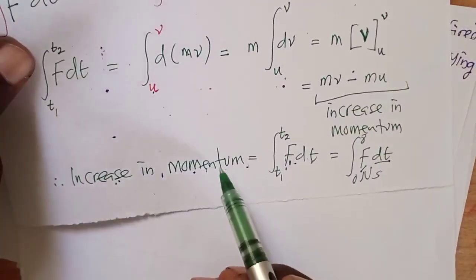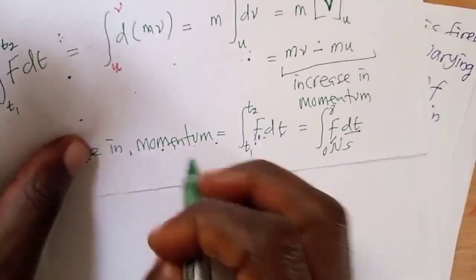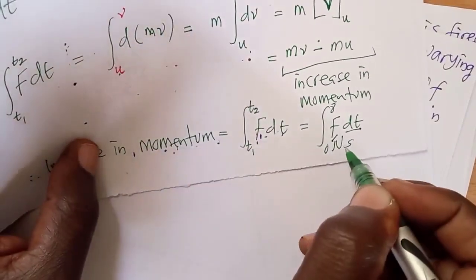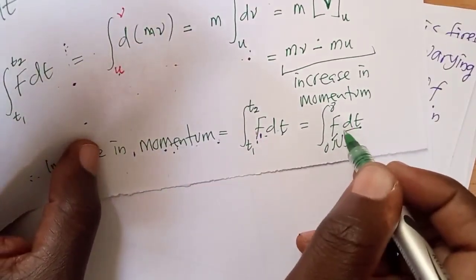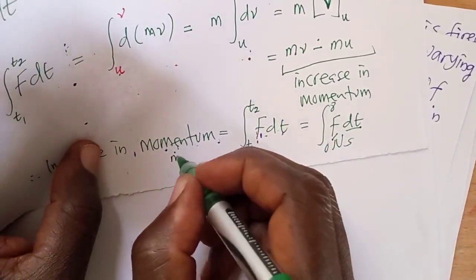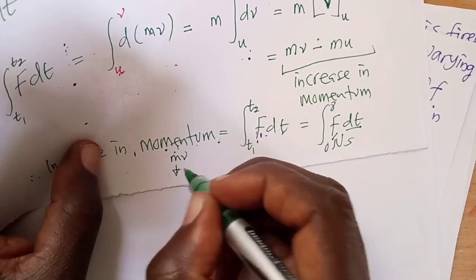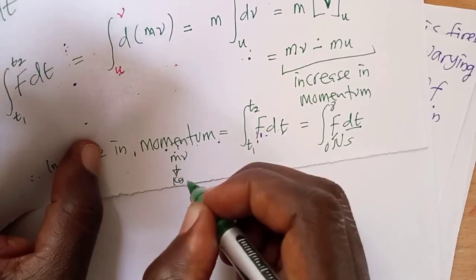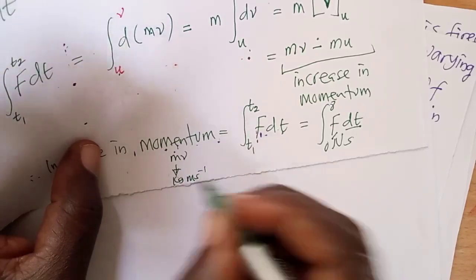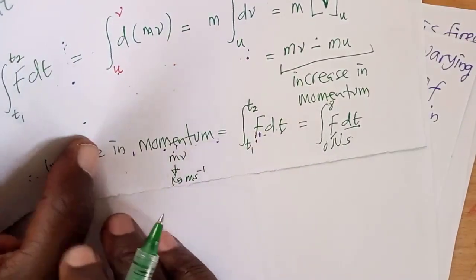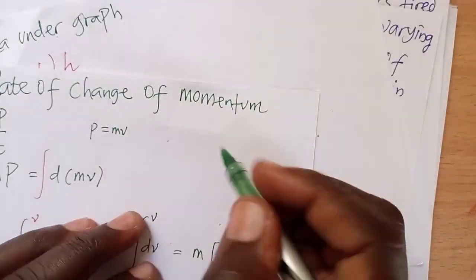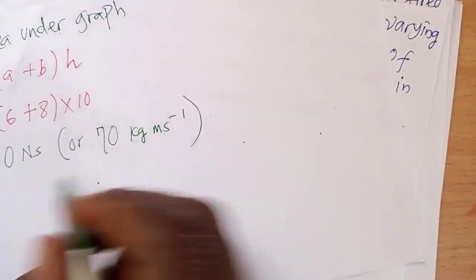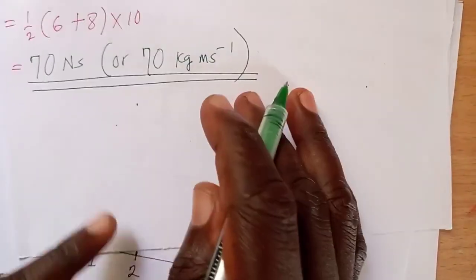This means that the unit of momentum and the unit of impulse are the same. Here is mv, where m is kilogram and v is meter per second. These two units are the same. Let me show you that quickly, but remember this is your result.